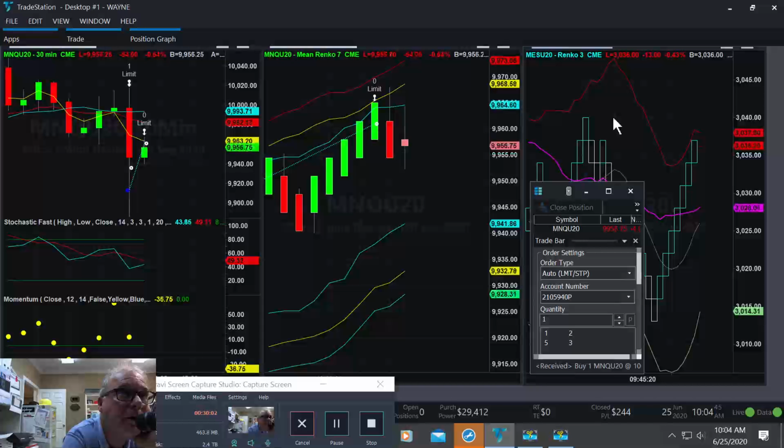I don't normally trust these stochastic crosses right in the middle. I like to see it down below 20 on the buy and above 80 on the sell, but it's flirting with a cross up here in the middle. Just gonna watch for now.